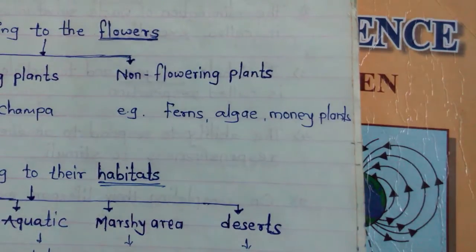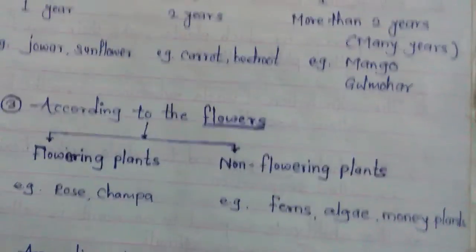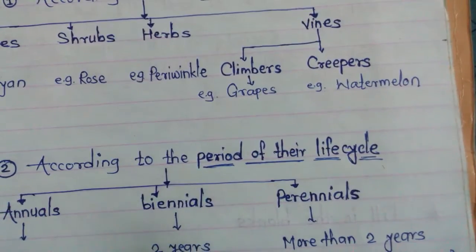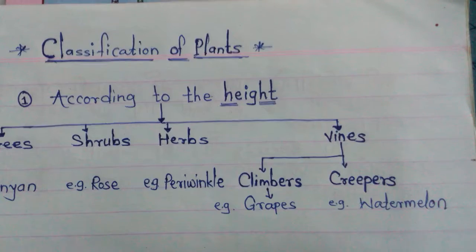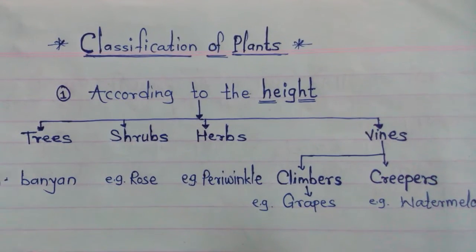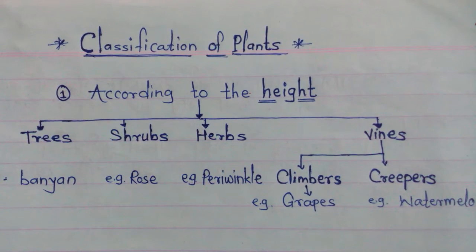Okay. Then we see the classification. Why is classification very important? Because in our surroundings different kinds of plants are there, and due to classification we understand which plant comes in which group.